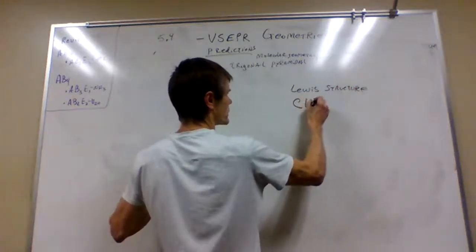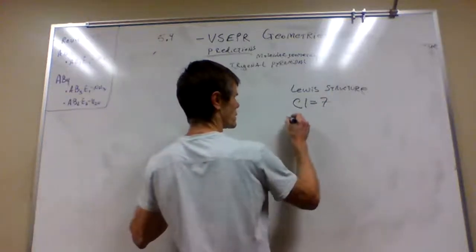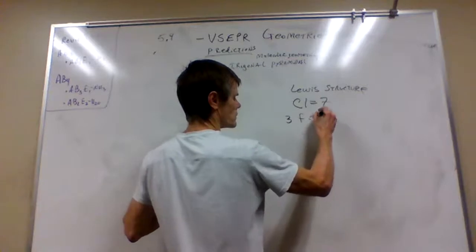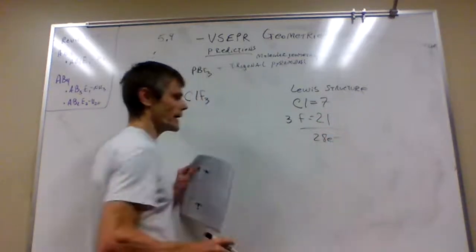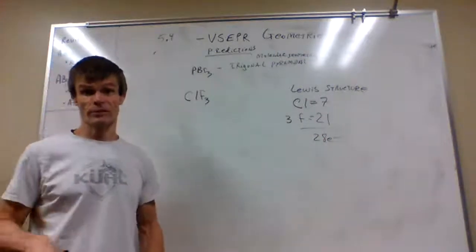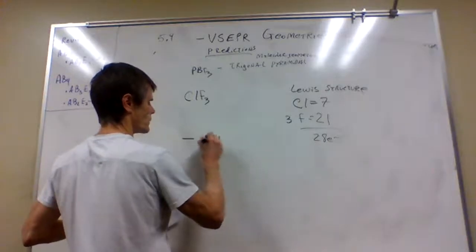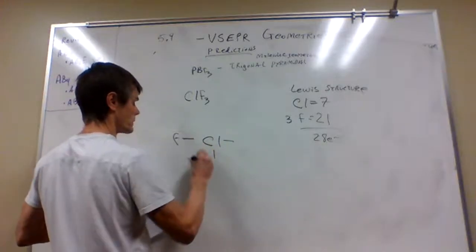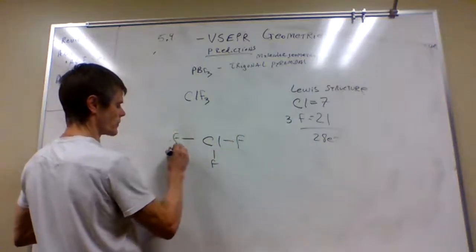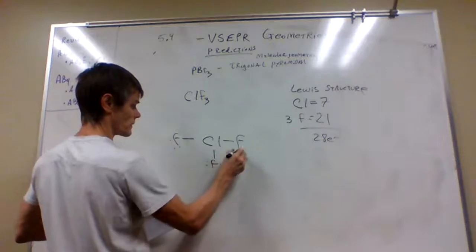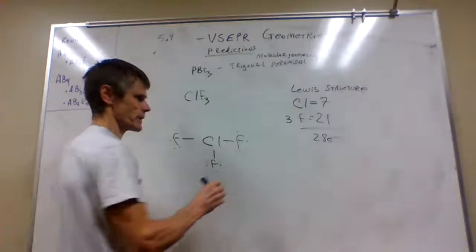Chlorine provides 7 valence electrons, and 3 fluorine provide 21. And we have 28 electrons to work with in this case. Chlorine sits in the center, surrounded by 3 fluorine. Let's fulfill the octets of all of our fluorines. At this point we've used 24 electrons up.